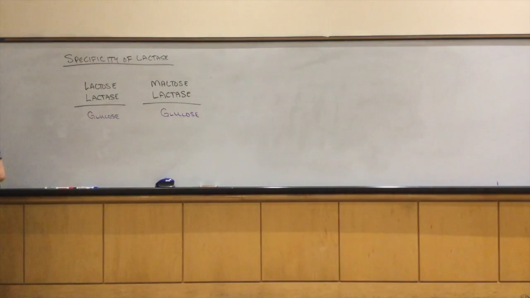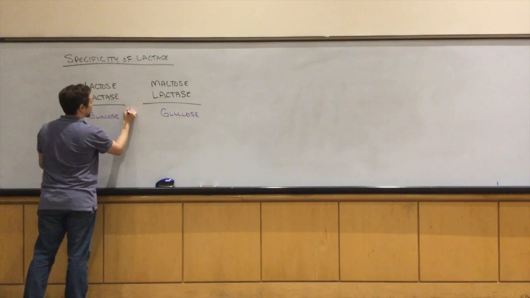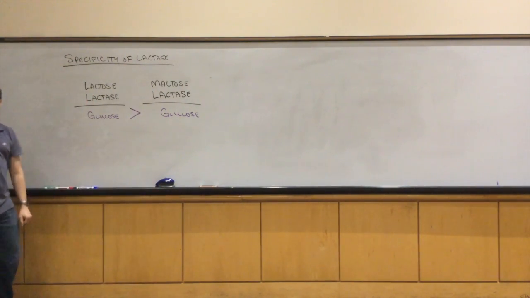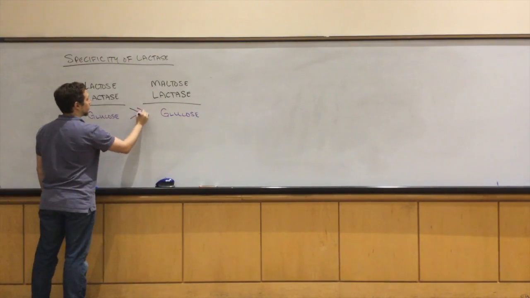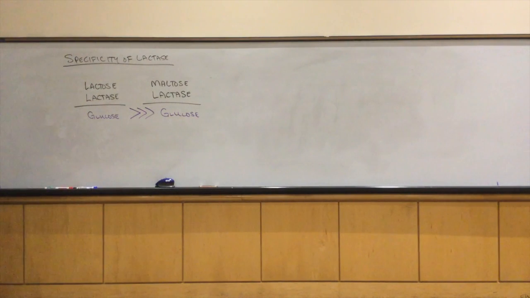And the question we're asking is, did we see a difference in the amount of glucose produced? Because if we did, then lactase is specific for one of those two molecules. And does anybody remember which tube had more glucose in it? The lactose.